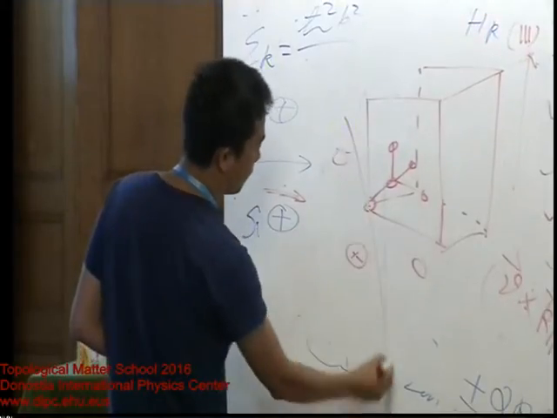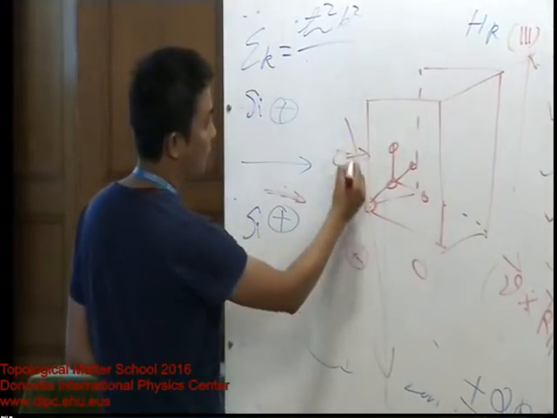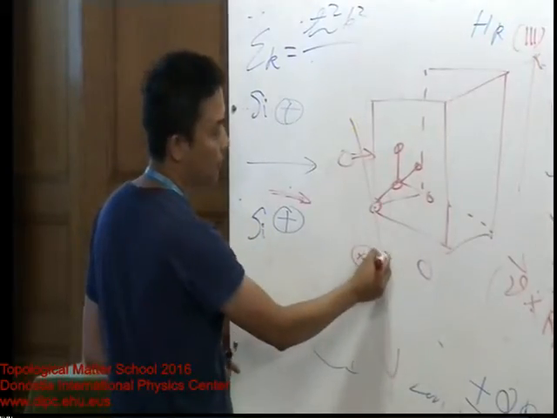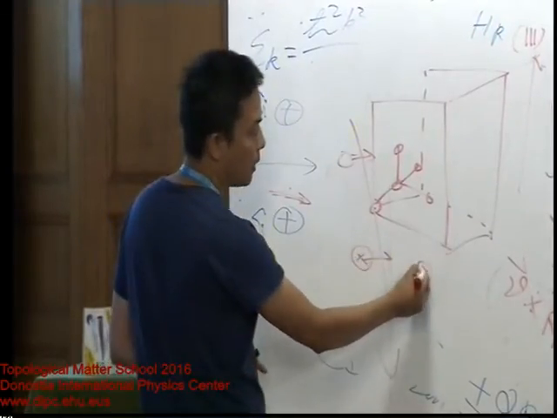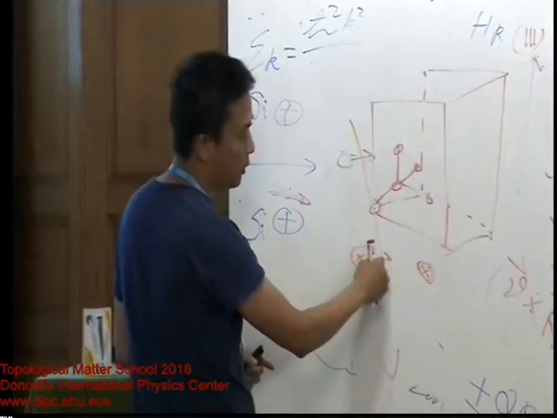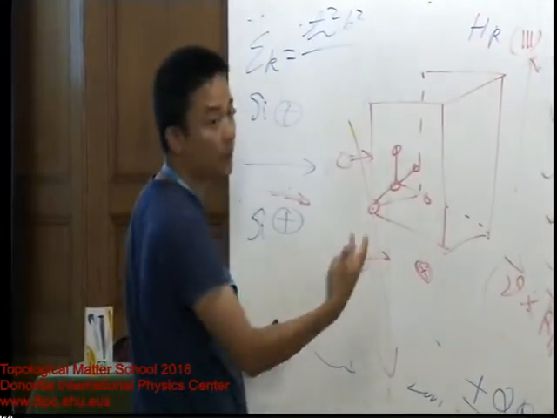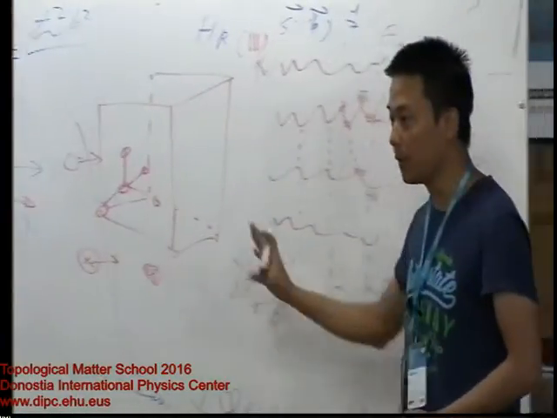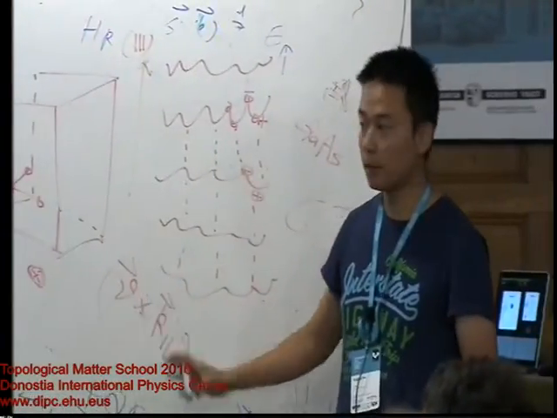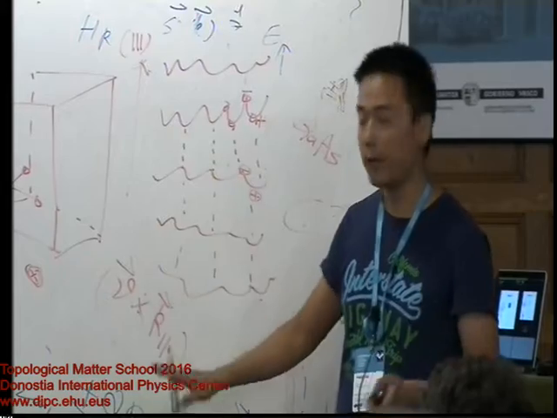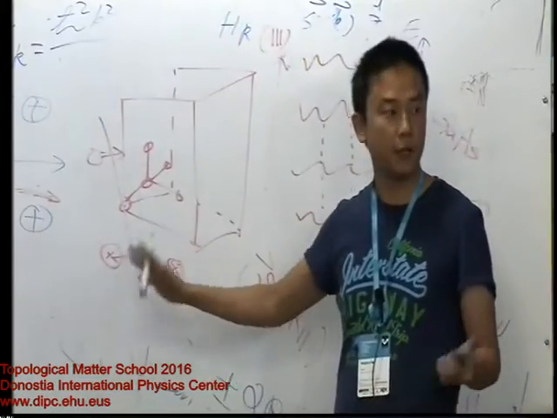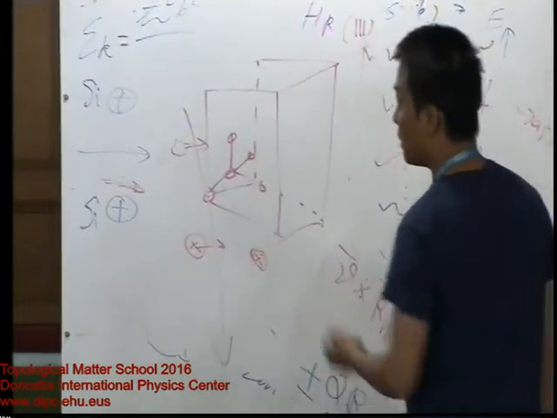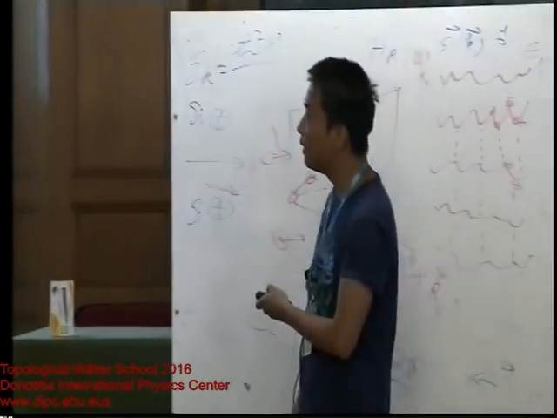When the electron travels through, it feels some electric field here, and also some field here. And whether this position is not perfectly symmetric, there's always some possibility to give you such an electric field. As long as you agree this additional electric field will generate this spin-orbit coupling effect.